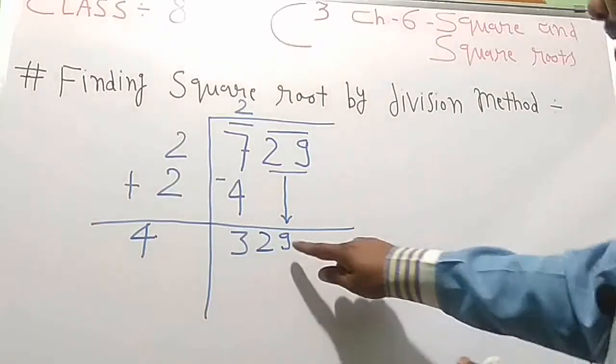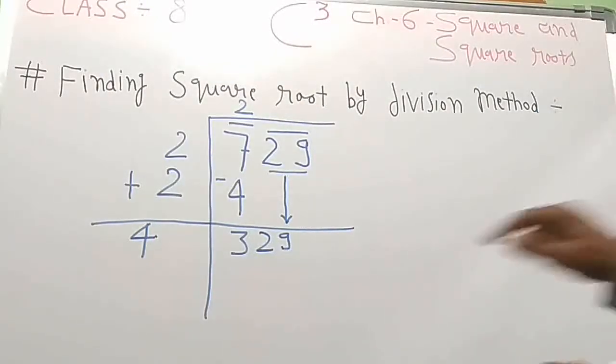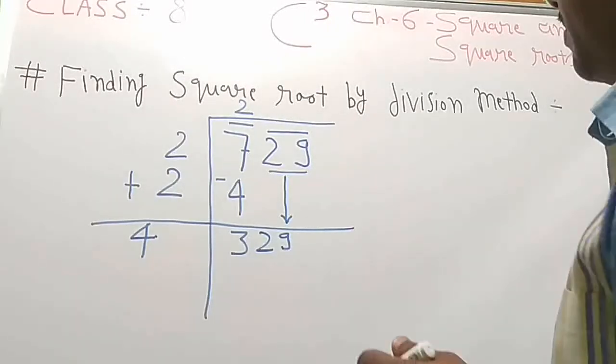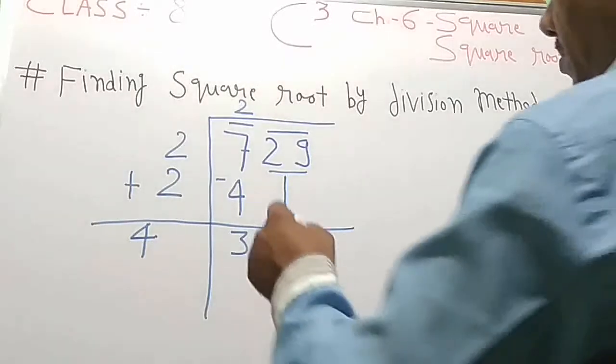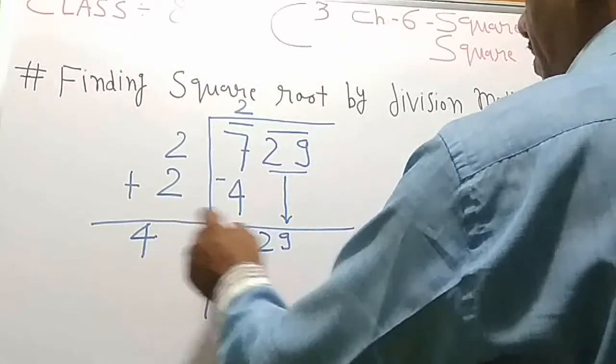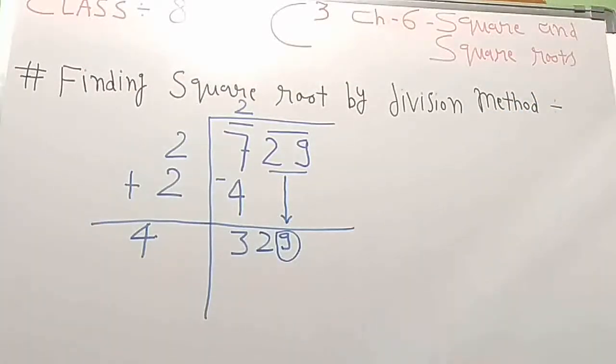Then the last digit is 9, so we are using the next number, that is 7, because at the unit place we need 9.